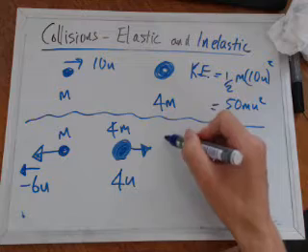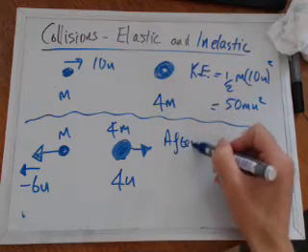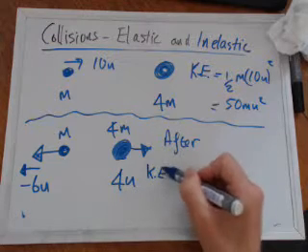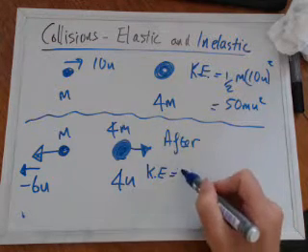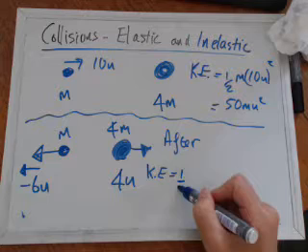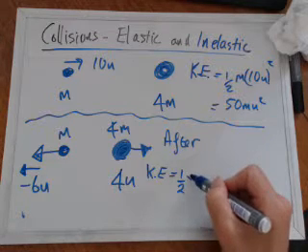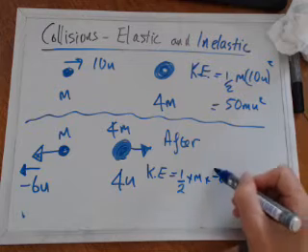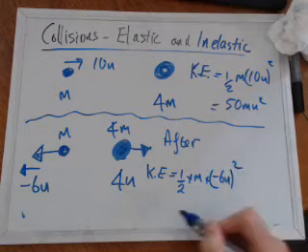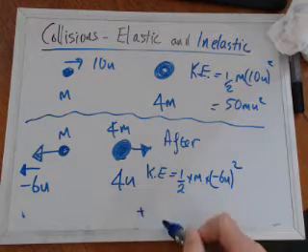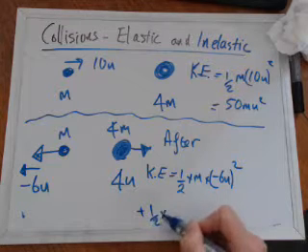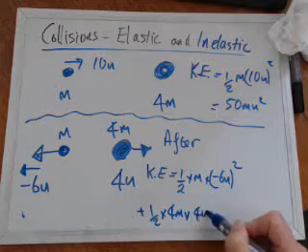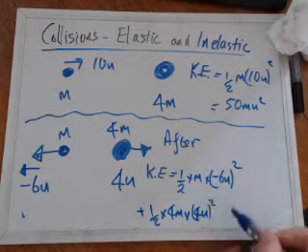And in the after situation, those two particles both have kinetic energy. So that's a half times m times minus 6u all squared, plus the kinetic energy of this, which is a half times 4m times 4u all squared.